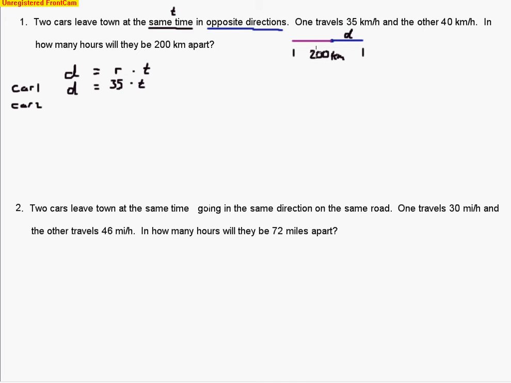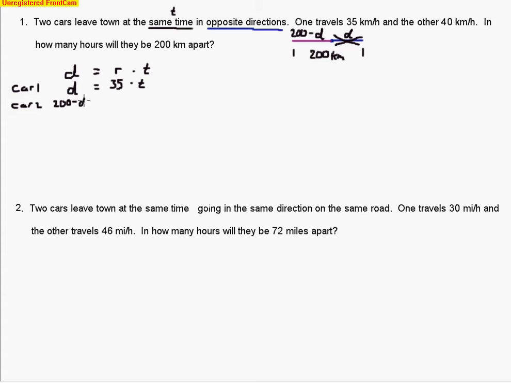So I can write an expression for this distance, and it's going to be the total 200 minus D. Because if I took away this portion, meaning subtracted it from the total distance, that would leave me with the shorter distance. That's how I'm going to write it: 200 minus D, for the distance for car number 2.